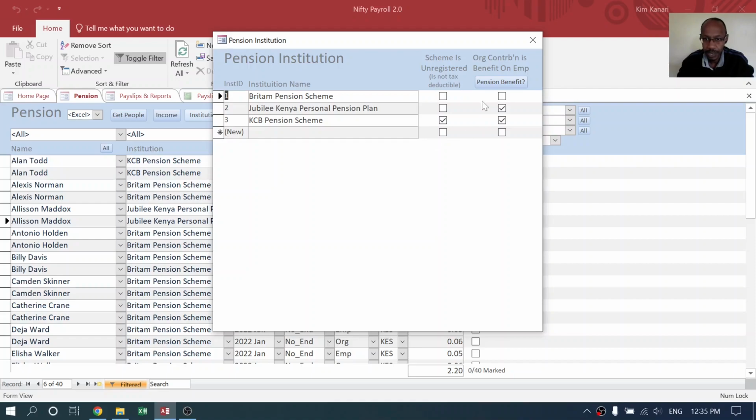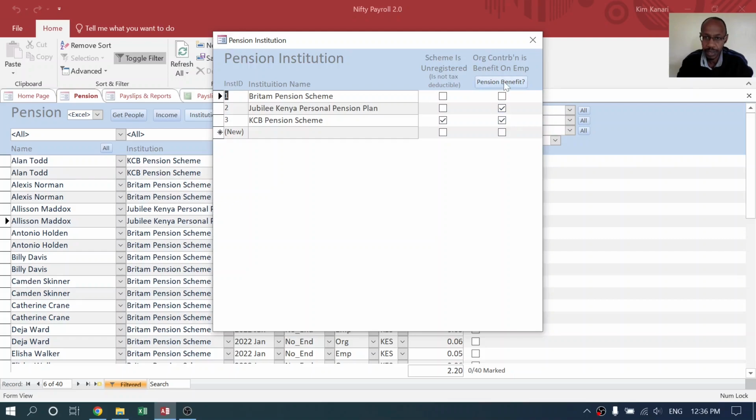Now, this is purely for demonstration purposes, so it may not necessarily be correct to say whether it's unregistered or not, but just for the example, just accept it. So we are saying KCB is an unregistered scheme, Jubilee and Britam are both registered, and then we are saying that the organization contribution is a benefit on the employee for Jubilee and KCB.